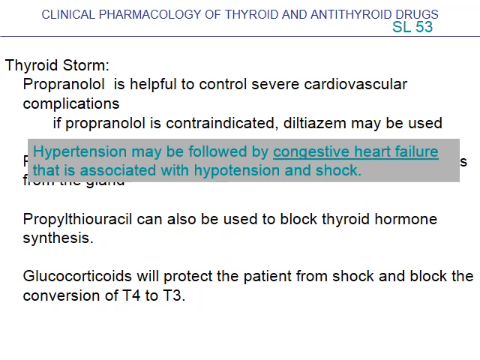So in fact, in the early stages, the kinds of symptoms you see will be the ones I listed on the previous page. Irritability, the patient's agitated, their heart's racing, their blood pressure may actually be up. But at some point, if it's not controlled, if it's not treated correctly, the heart can start to fail, followed by hypertension, followed by hypotension, followed by shock.